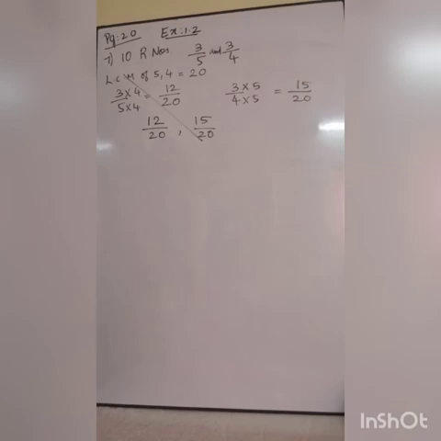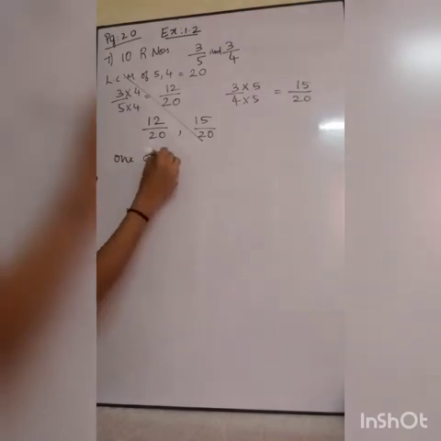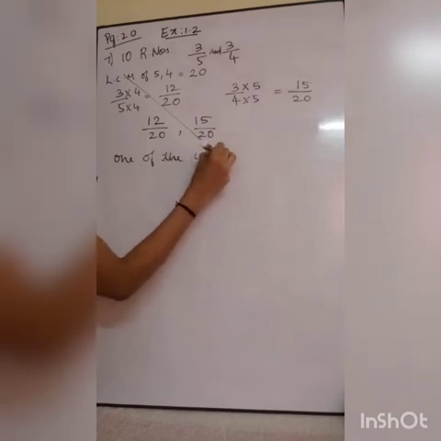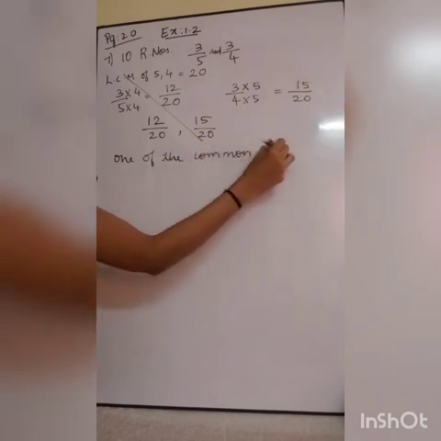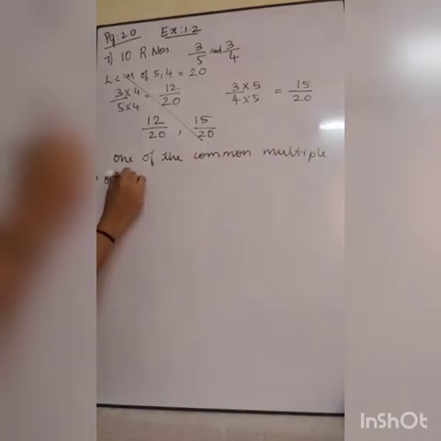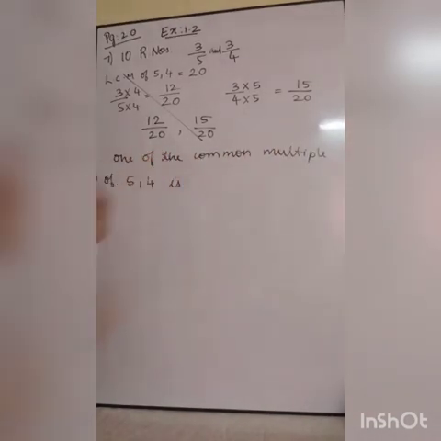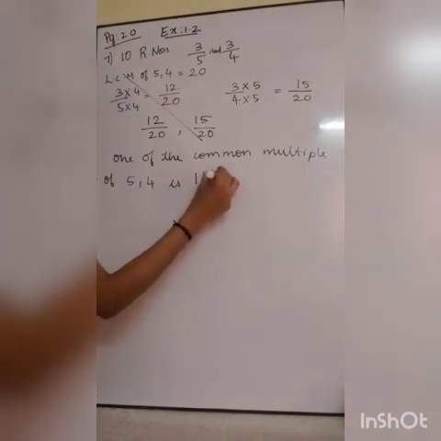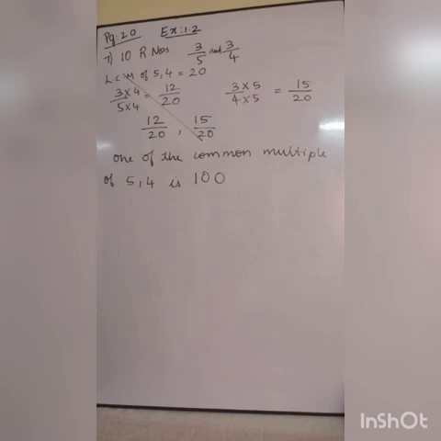So what will we do? Our next method is to take a common multiple. You can take any big common multiple of 5 and 4. I have taken that common multiple as 100, a somewhat bigger value, because I can then find more numbers in between.